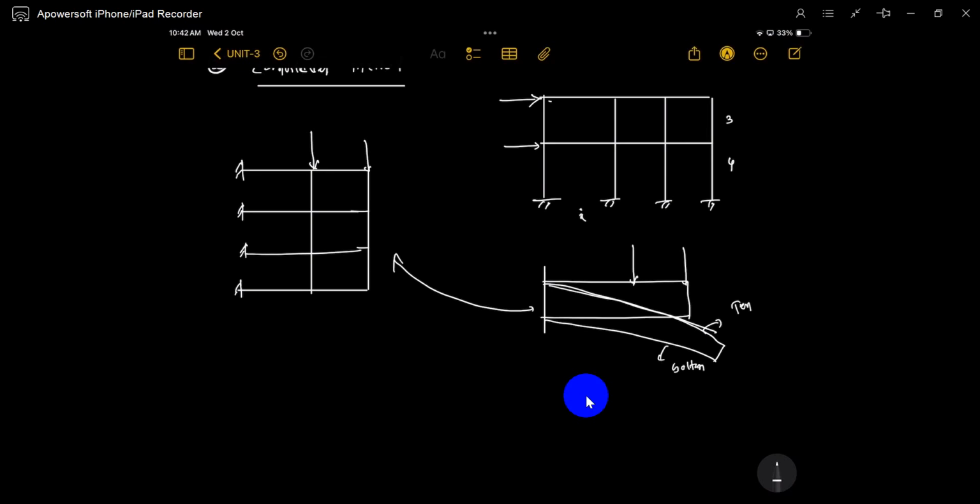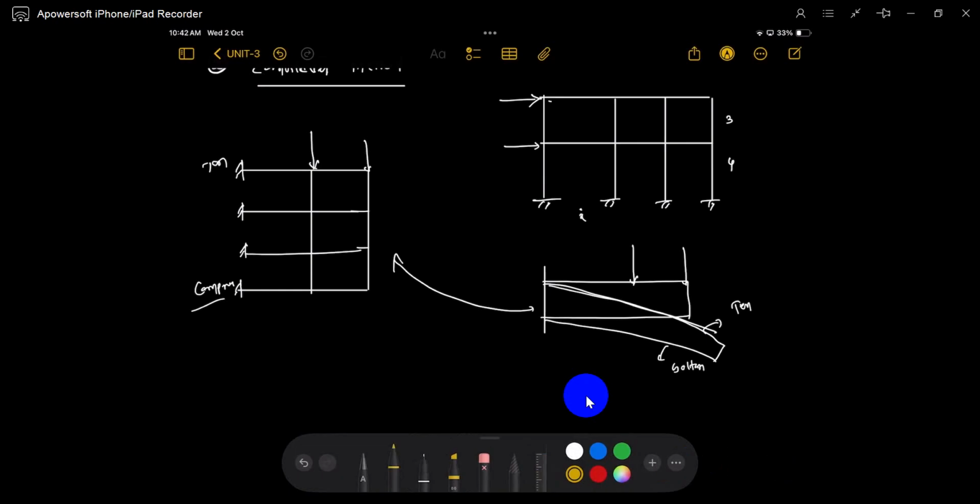So this is tension, this is compression, and somewhere the center line is the neutral axis. The layers above the neutral axis are in tension, and the layers below are in compression.